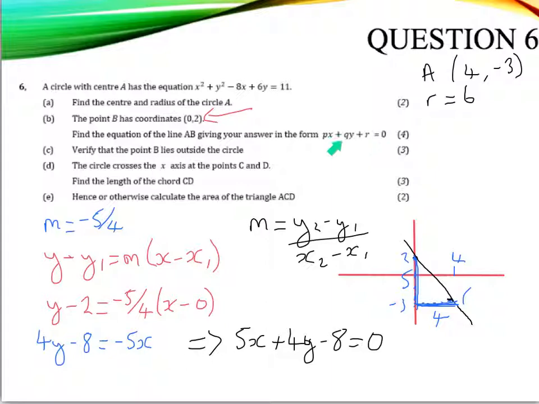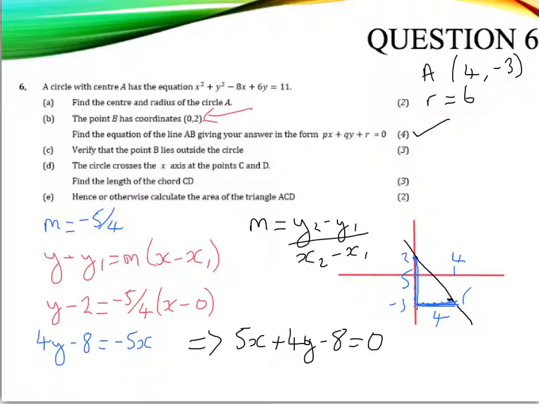It wanted it in this form here. I'm not too worried that this says plus r and I've got a minus. All it means is that r is minus 8. Okay, so we don't need to worry too much about that. This is looking perfectly fine. I'll just tidy up my work here just a little bit. Okay, right, so we've done part B as well.